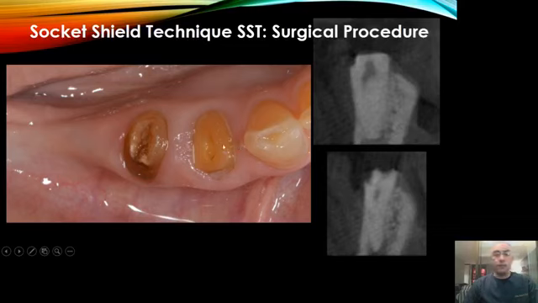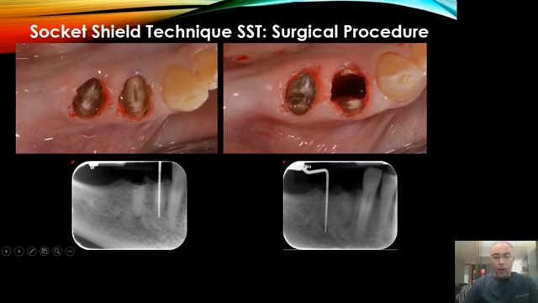So we discussed going with a socket shield technique, grinding the teeth down and preparing our socket shield with a mesial-distal cut to preserve the buccal plate, the buccal aspect of the tooth itself. And I always take some radiographic measurements during the surgery to make sure I have good dimensions of drilling, especially in the sensitive area in the mandible, with the proximity to the IAN.